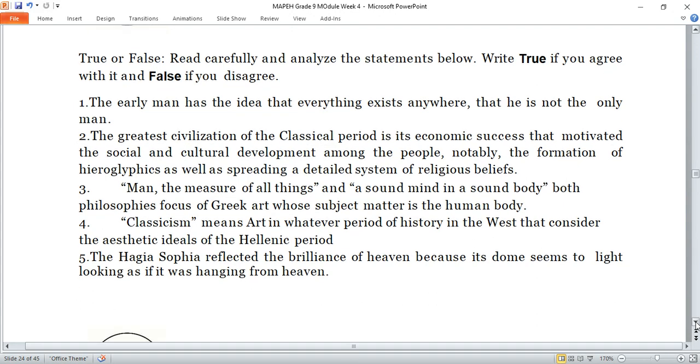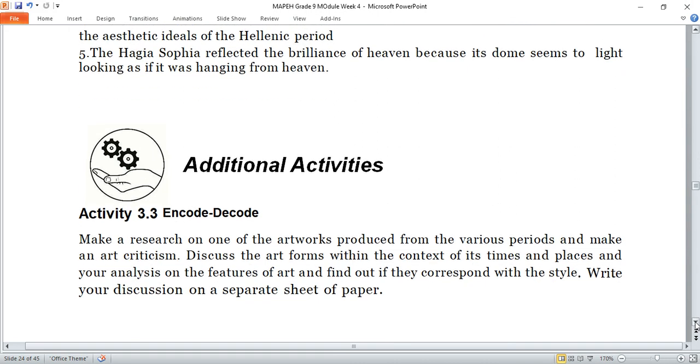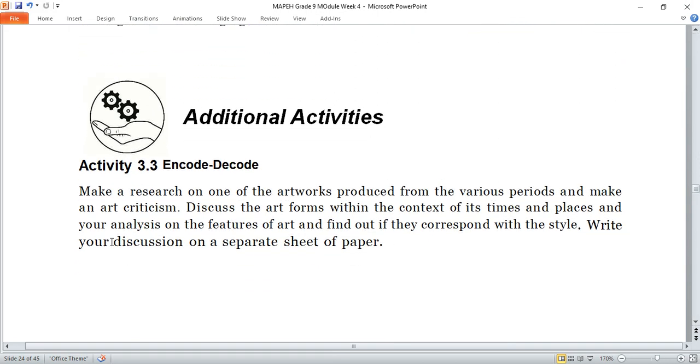True or false? Okay? For your additional activities titled Encode Decode, you are going to make a research on one of the artworks produced from the various periods and make an art criticism. Like what we do in our previous activity, you criticize those artworks as you find their names.